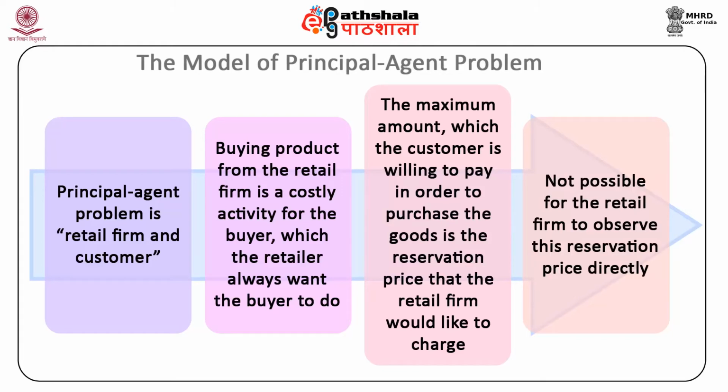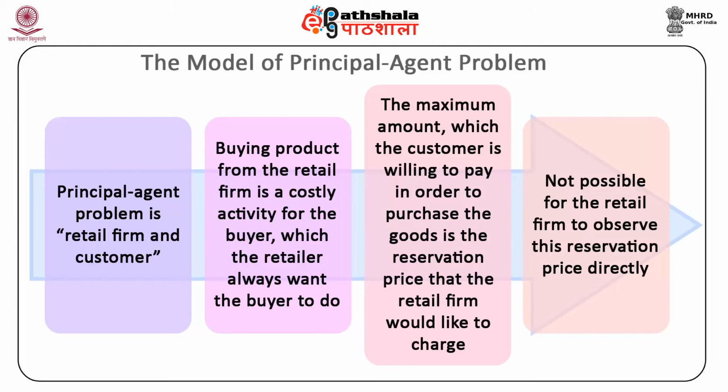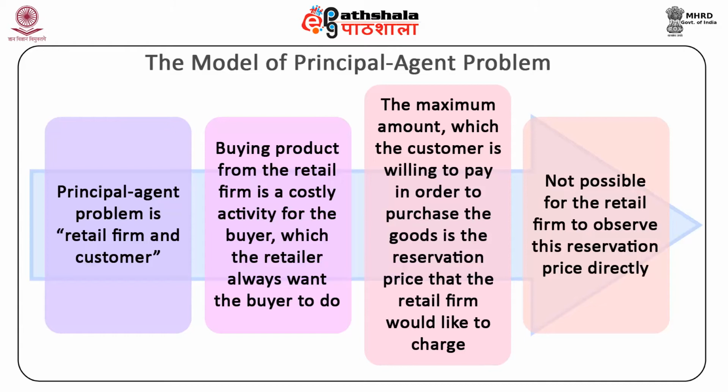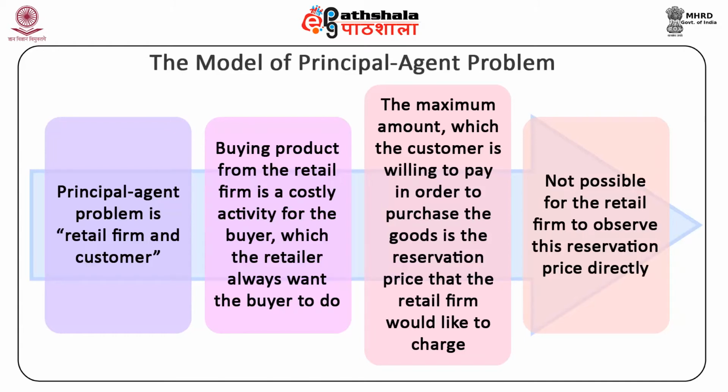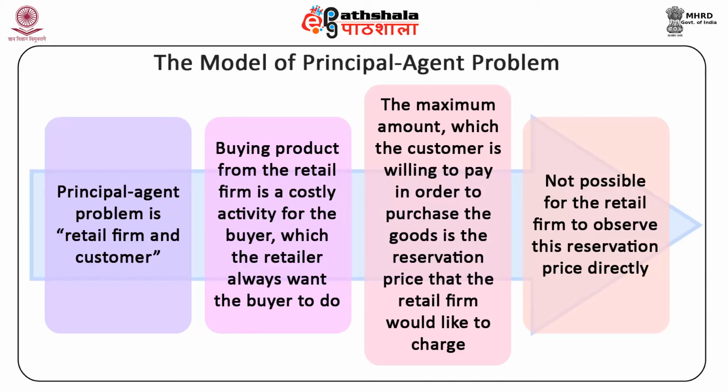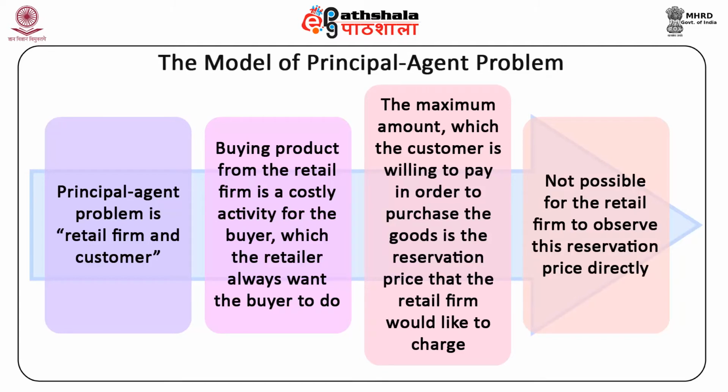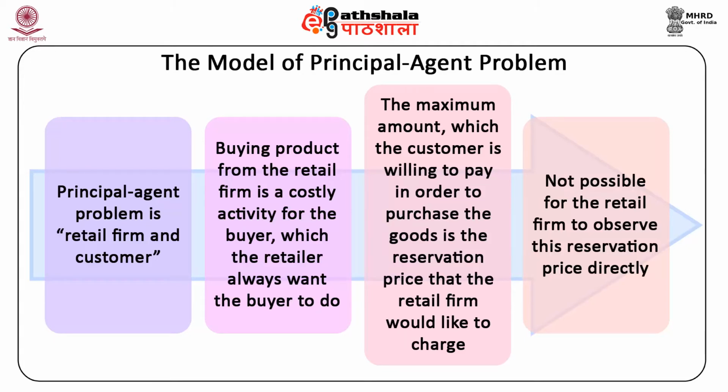Thus, in order to know the reservation price, the retail firm tries to observe the change in purchase of goods by different customers with different tastes. Then the amount paid by the customer when there is a change in taste is assumed to be the reservation price. Here, the retail firm, being the principal, faces the problem of designing a price schedule in order to maximize profit. This is a kind of principal agent problem.